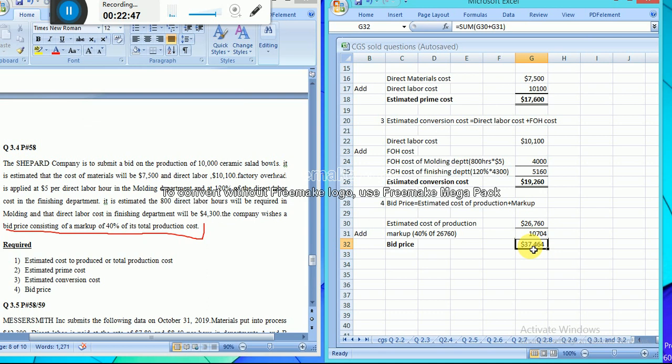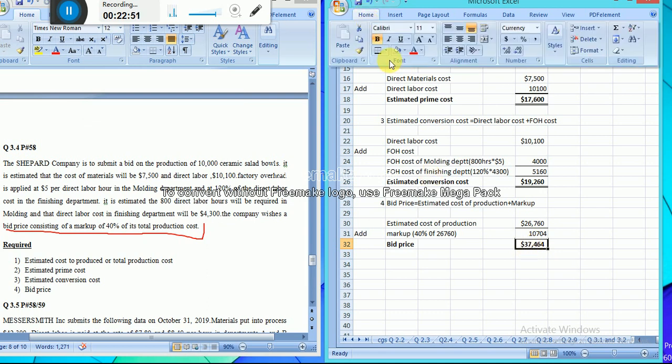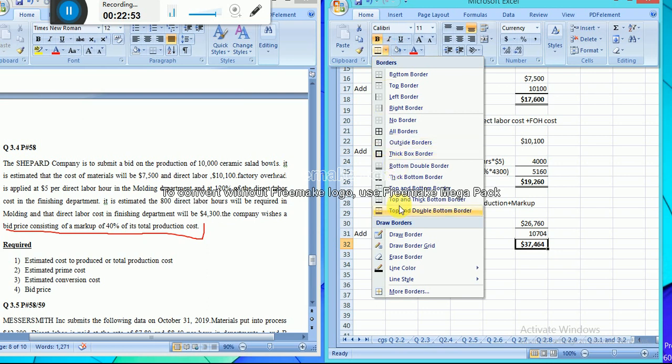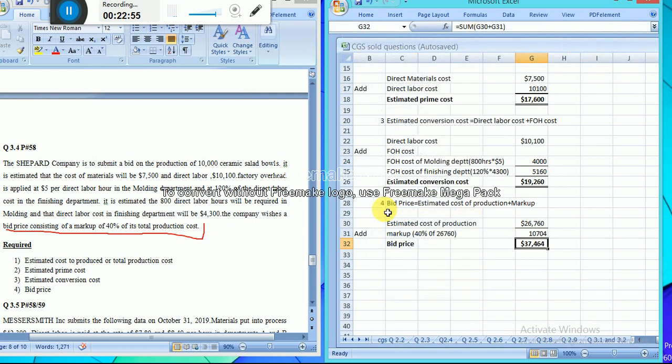So our bid price is $37,464. What does it mean? It means that when we offer the goods for sale, we will not sell the goods for less than 37,464.